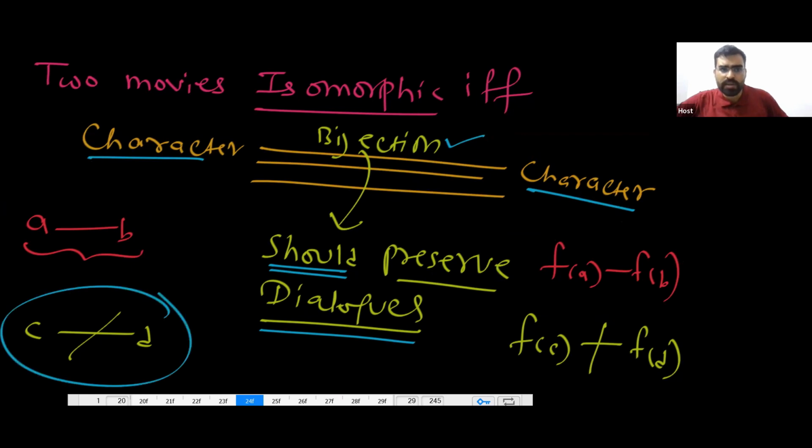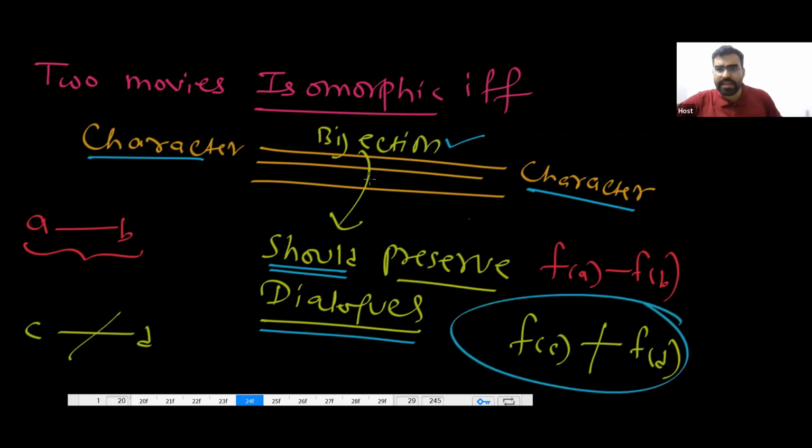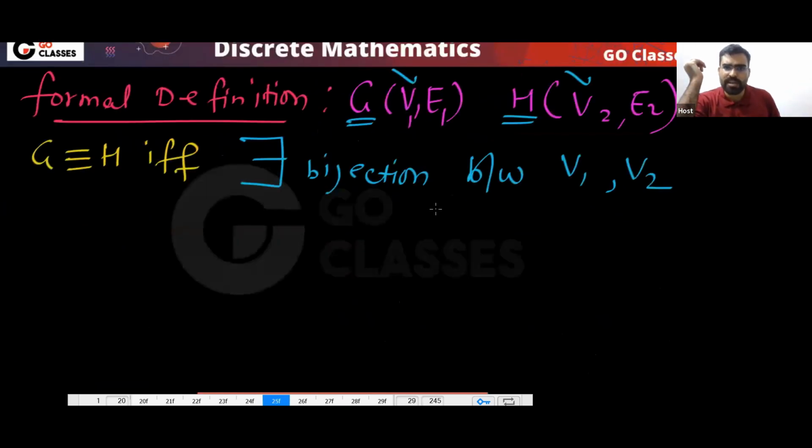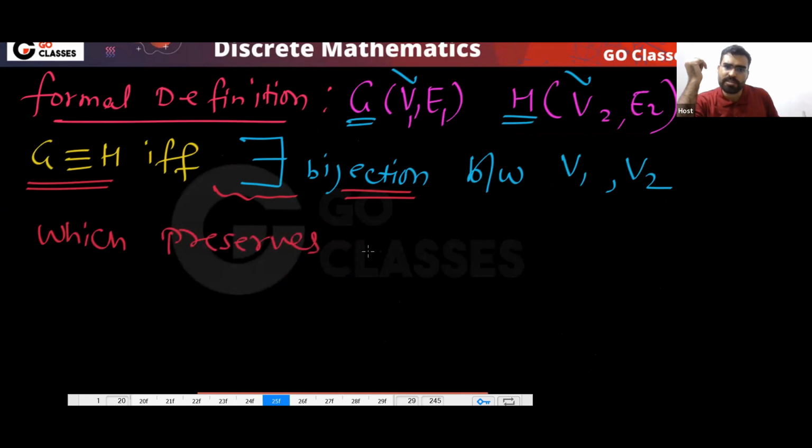If these two people don't have a dialogue, then their corresponding characters must also not have a dialogue. This is the definition of isomorphism. So the definition says that two graphs are isomorphic if and only if there exists a bijection between V1 and V2 which preserves edges.